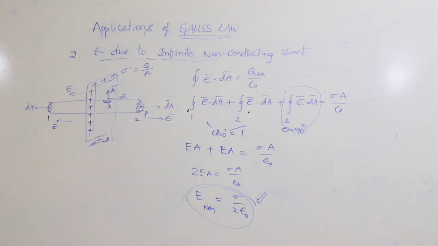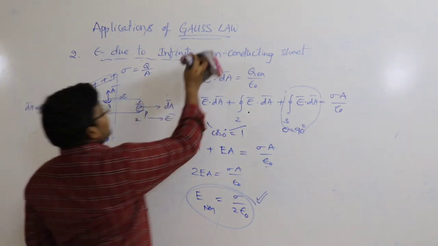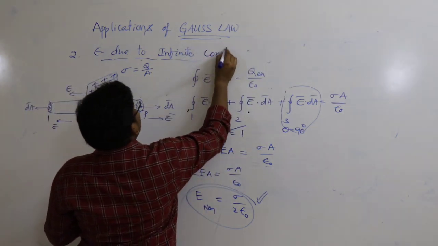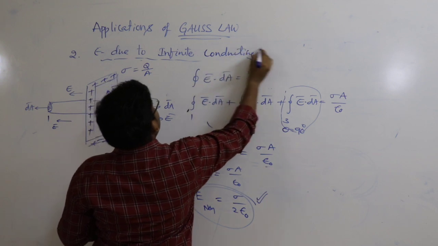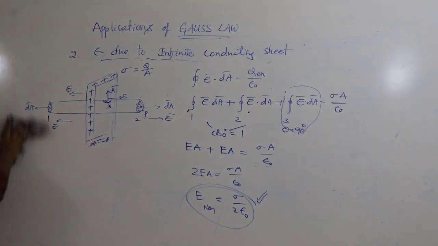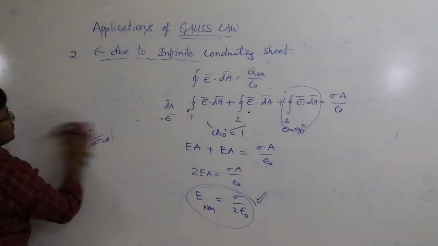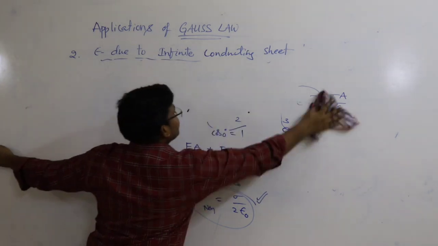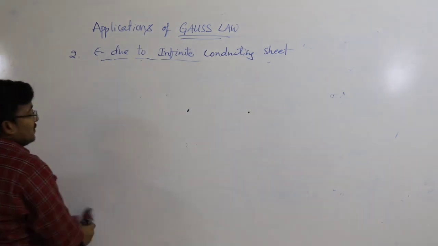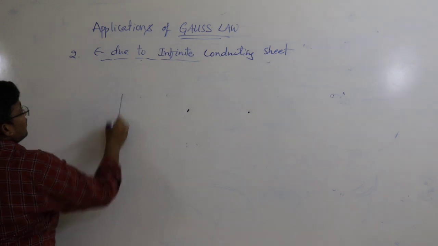Sir, then if you use a conducting sheet, E due to a conducting sheet, then what is the formula? Now I am taking a conducting sheet, the same sheet.